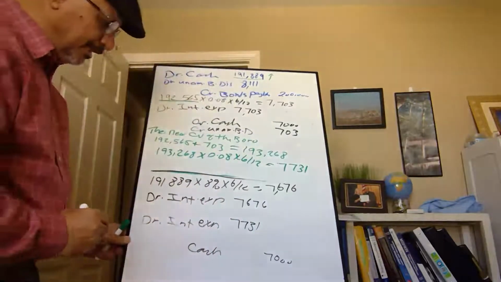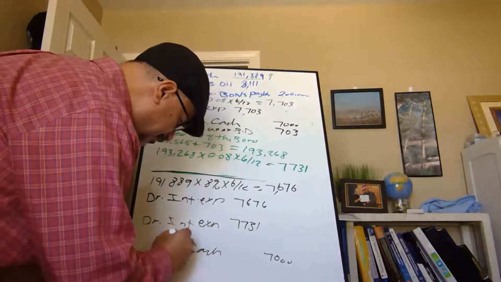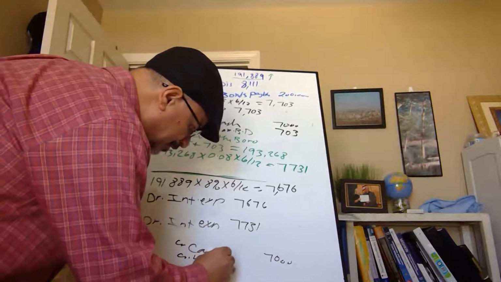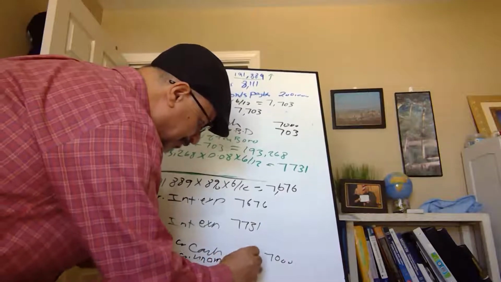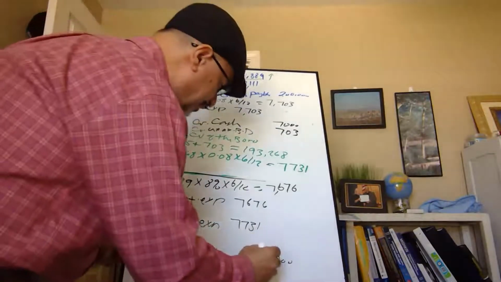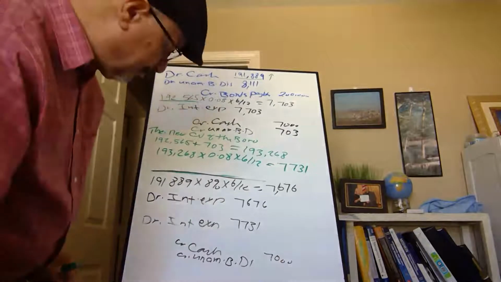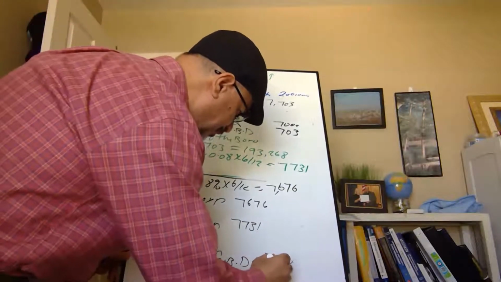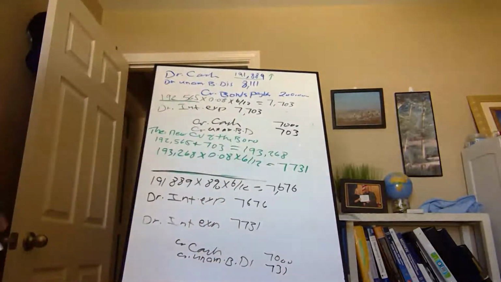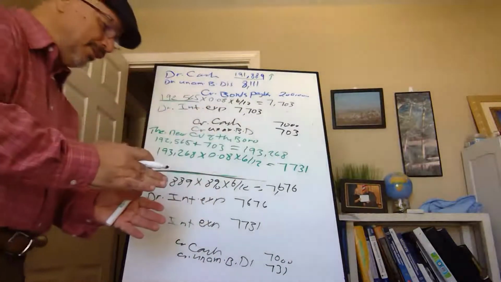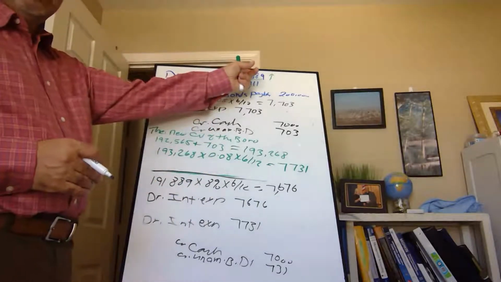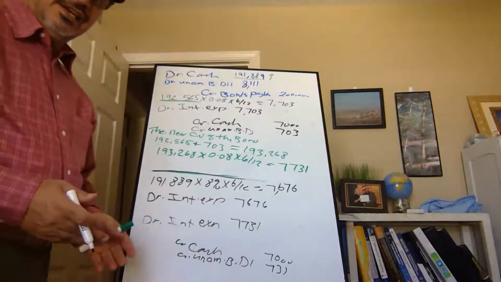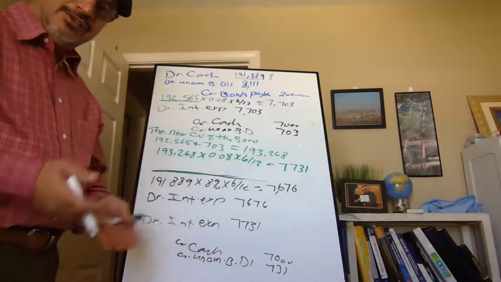And then we amortize. That's credit unamortized bond discount, not 676, that's going to be 731. All right. You keep doing the same thing. You update the carrying value, multiply by the market interest rate, and that gives us the new interest expense.